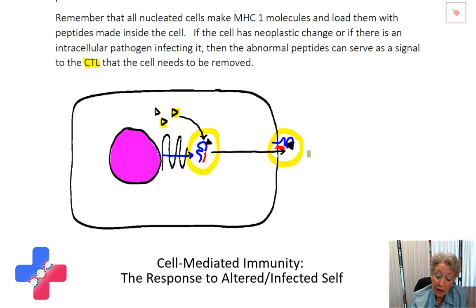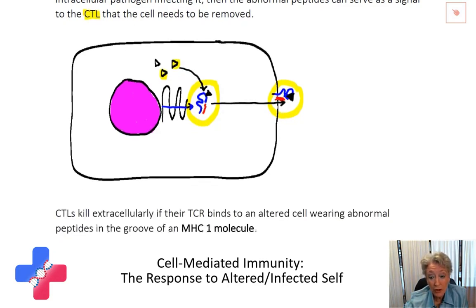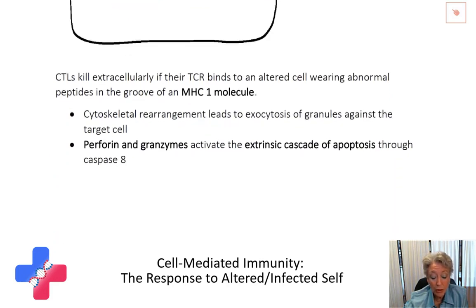But if this cell has a virus or some other malignant process going on inside, then what will happen is that those peptides will be the recognition molecule that will turn on the cytotoxic T cell.